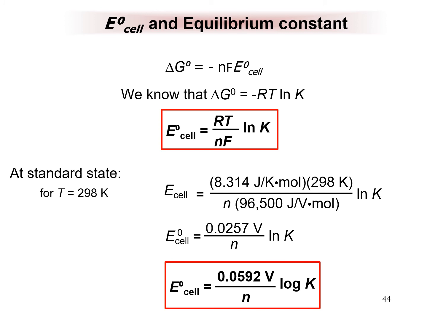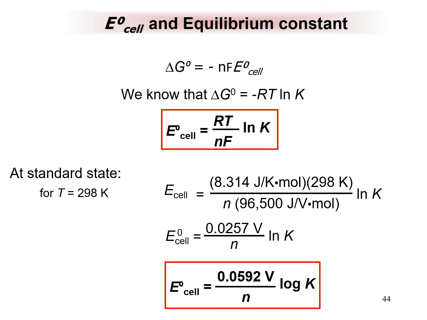At standard conditions, R is always going to be 8.314, and temperature would always be 298 Kelvin. What would be F? We know the Faraday constant is also a constant term which is given to us. So if you plug in these values, the only unknowns here are ln K and n.